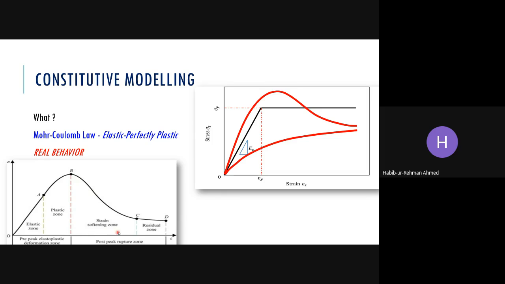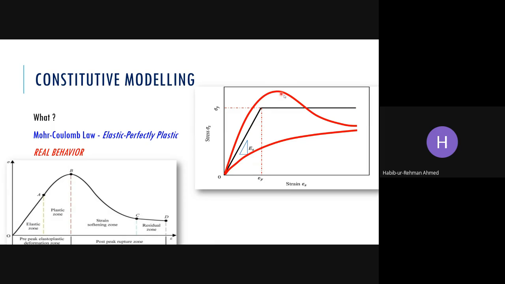So we call it strain softening zone, and this is very much typical for many types of soils. This behavior is called strain softening behavior. Okay, but here in this model there is no strain softening behavior. You can see just perfectly plastic.